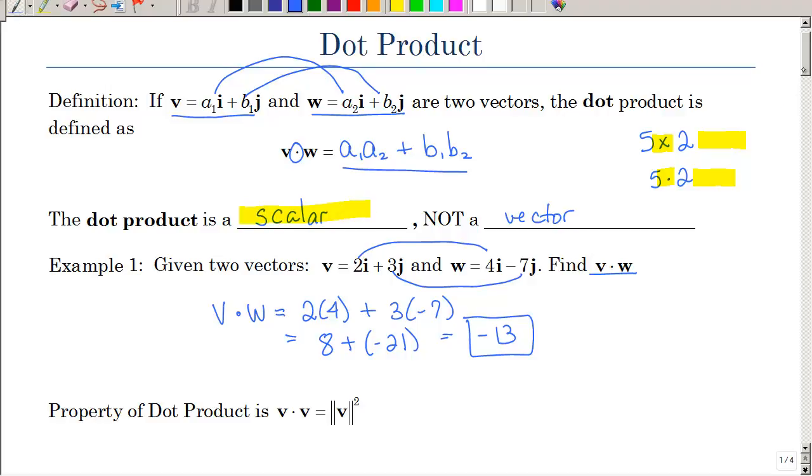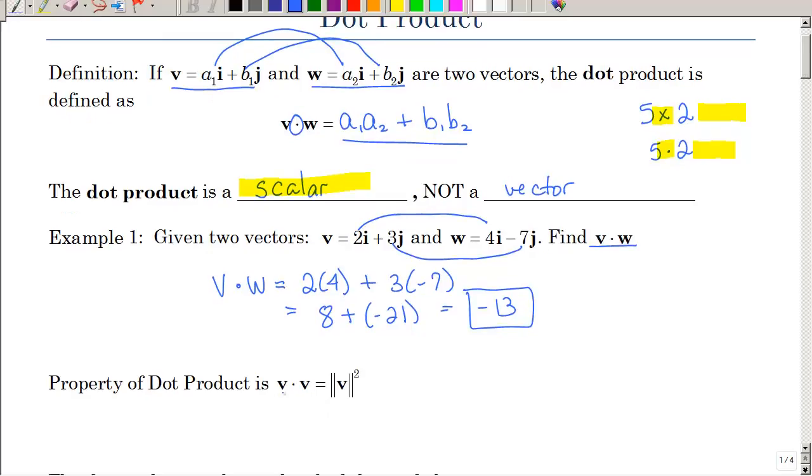Now one kind of cool property of the dot product is that if you dot the vector with itself, it's the magnitude squared. You may recall that the magnitude of a vector is the square root of the i component squared, I think we just called it a squared, plus the j component squared, or b squared.